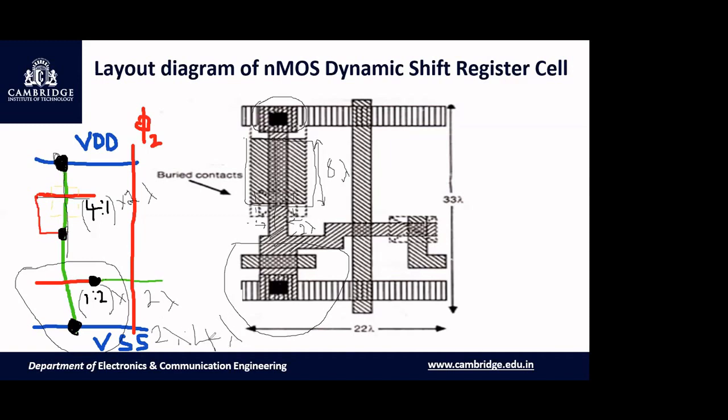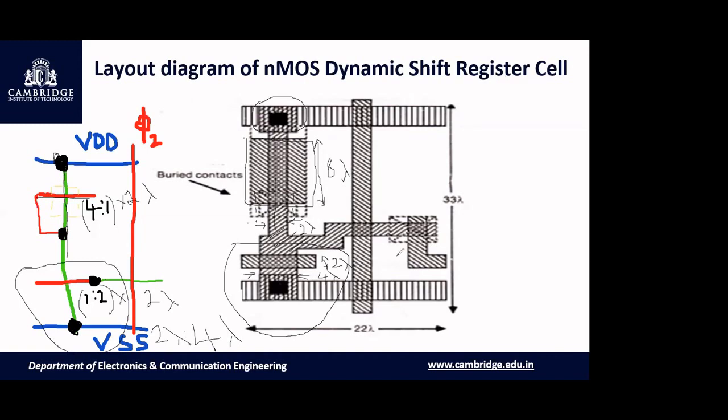Your width is 4 lambda here, and the length is 2 lambda. The channel length is 2 lambda. Getting it? So by crossing diffusion and poly, you'll get a transistor. In the pull-down, we have drawn the transistor. That's it. And then there's the pass transistor.